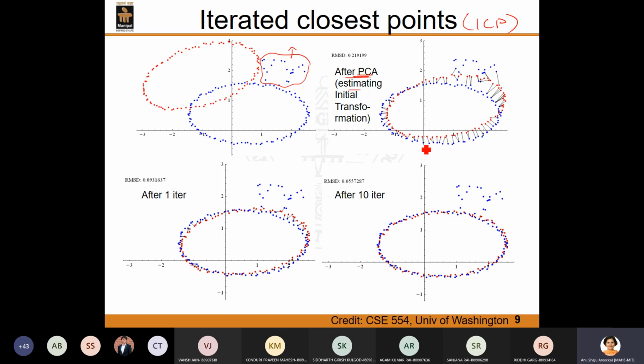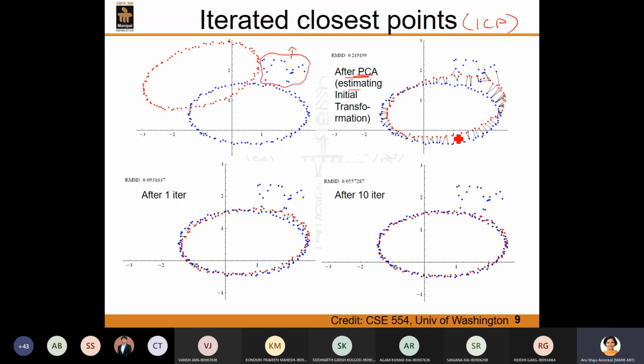Those are these lines over here, which represent the closest points. And how do you calculate the closest points? Basically, it uses some kind of distance measure to calculate the distance between the different points, and then sees which is the closest. Let's say I have a point over here.